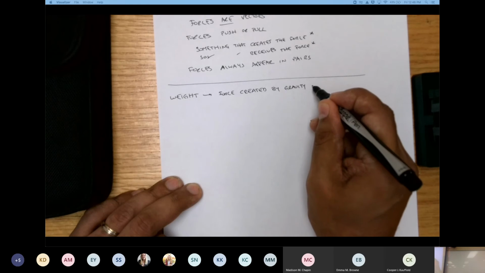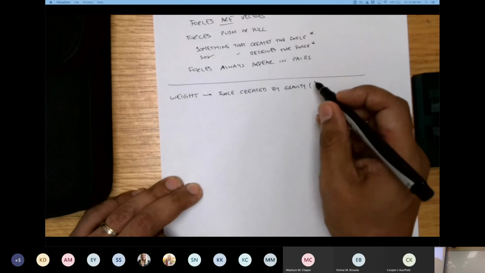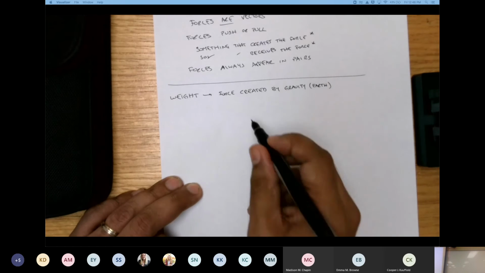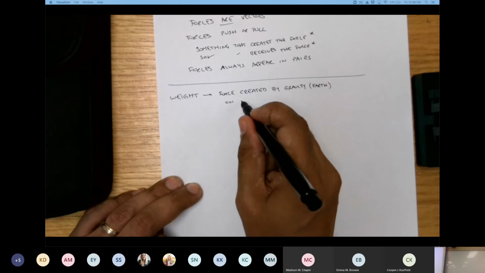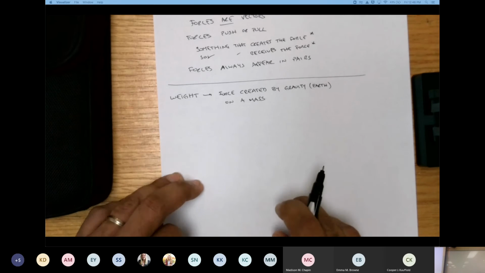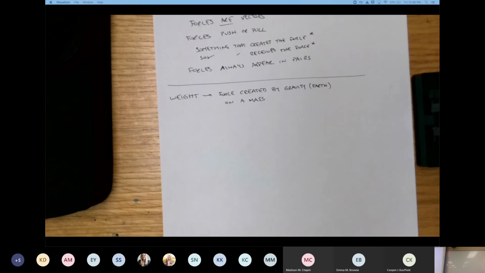In this case, the gravity created by Earth, on a particular mass. So if you have mass, and that mass is close to the Earth, that mass is going to have some weight. And that weight is going to be a vector, and that vector is basically pointing down towards Earth. Okay, so weight is a kind of vector, a force that we're going to be working with pretty often.